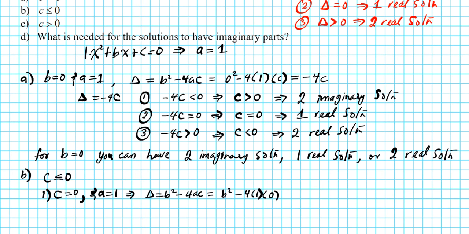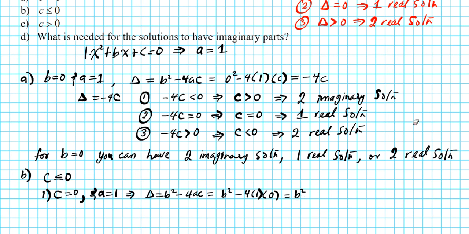So our discriminant is going to be b squared. Okay, because 4 times 1 times 0 is 0, and then negative 0 is just 0, so that part drops off. Now b squared is going to be the value of the discriminant.